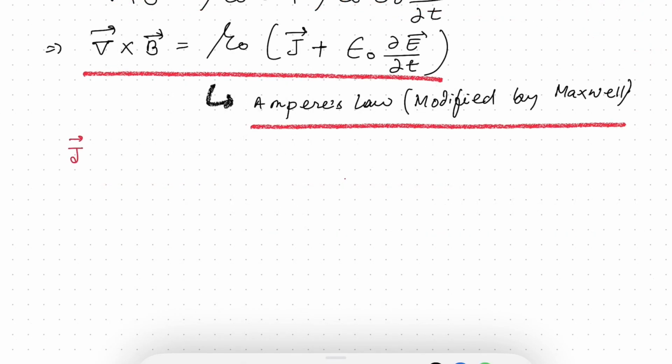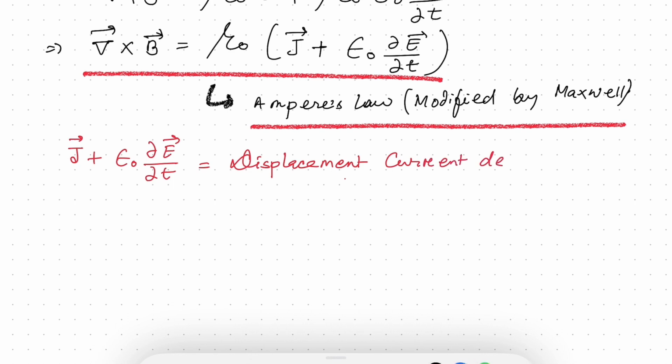This term, J vector plus epsilon naught partial derivative of E with respect to time t, is called displacement current density.